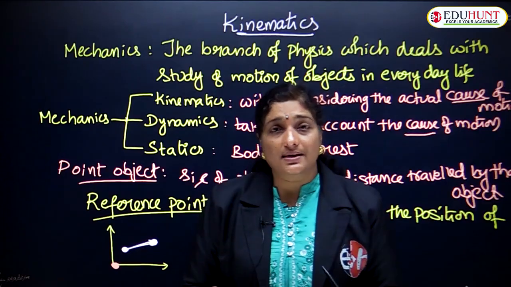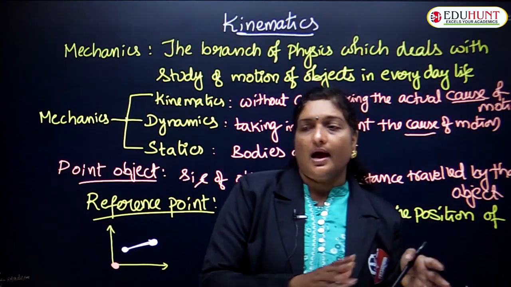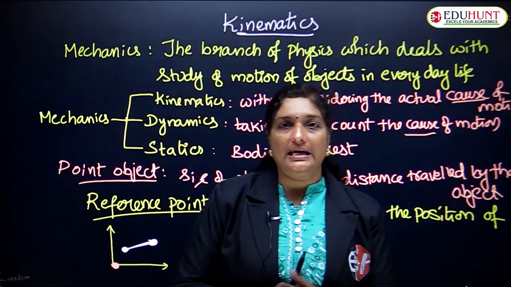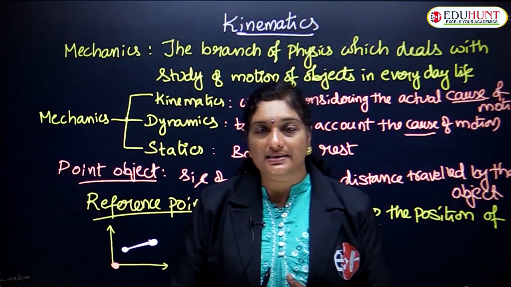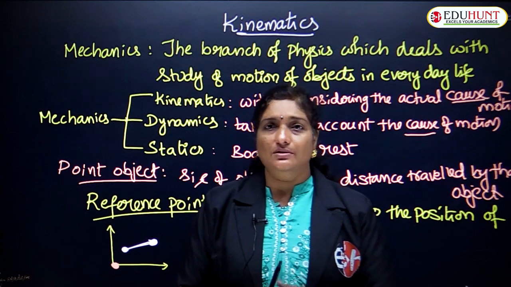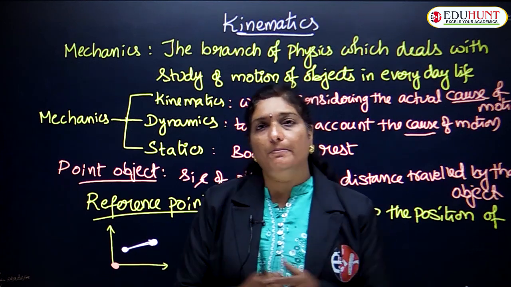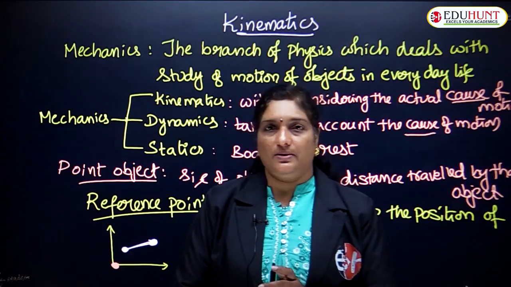And there are cases where the position of a body may change from time to time and with respect to surroundings. If you consider the motion of vehicles, the revolution or rotation of the planets, and many other examples, these are changing their position with respect to some fixed position. So those objects are said to be in motion.